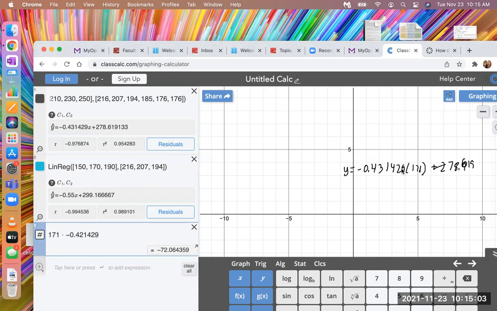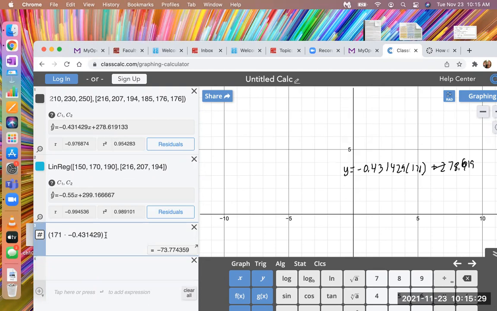Oh, I did 2. Careful. Negative 0.431429. Okay, now I'm going to take that answer and I'm going to add the, and maybe it's better if you put this in parentheses.